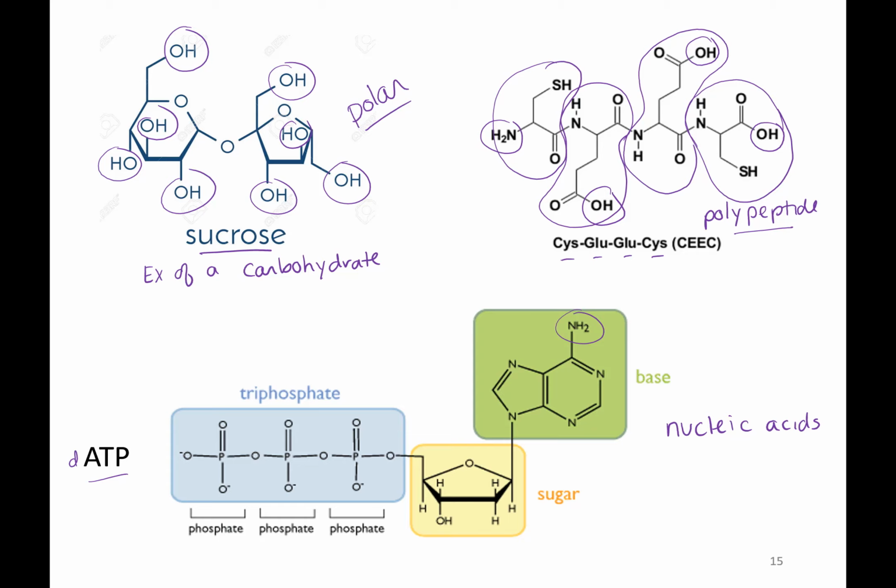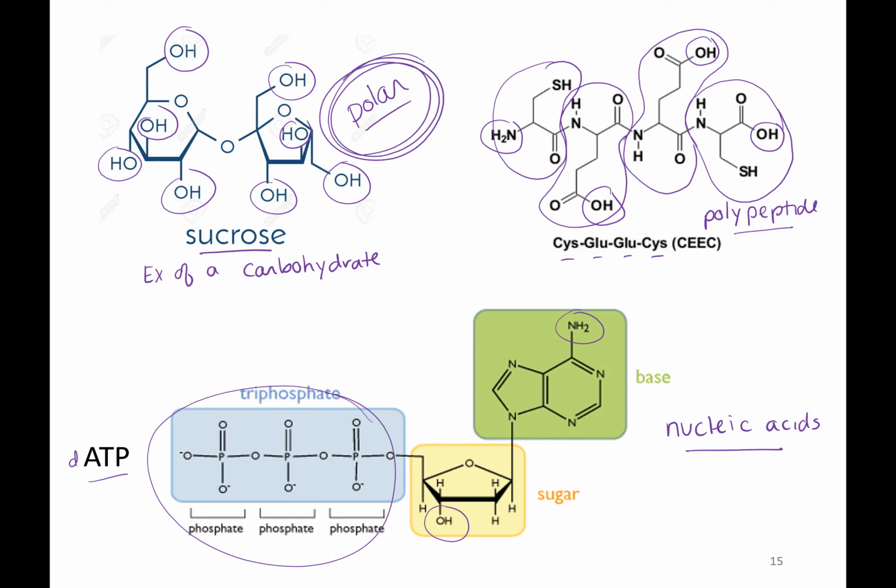Here's something that's going to be able to help form hydrogen bonds between the base pairs. It's got a sugar, so it's polar. It's got these charges on phosphates, so nucleic acids are also polar. So carbohydrates, proteins, and nucleic acids are all polar molecules.